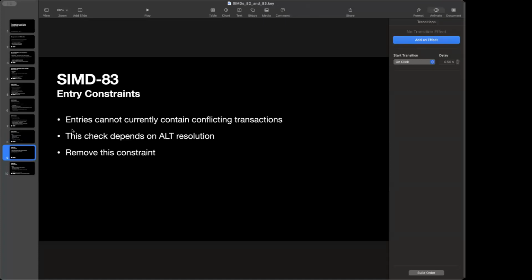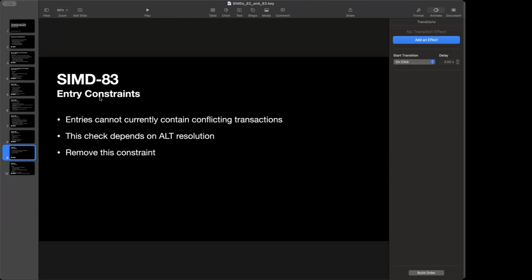All right. Yeah, this one's a lot shorter and a lot easier. Right now, entries can't contain conflicting transactions. That's not really too necessary. I think this has kind of lived on as a legacy of the old implementation, as well as it makes it easier to parallelize in the current Labs code, but it's not strictly necessary.